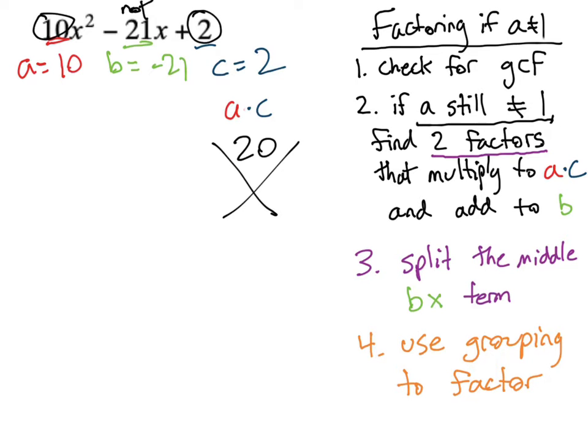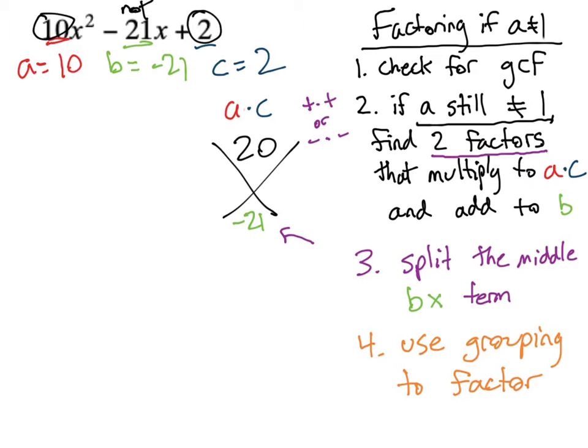And we want our two factors to add up to b, which is negative 21. So if we're trying to multiply to make a positive number, we could multiply a positive times a positive or a negative times a negative.